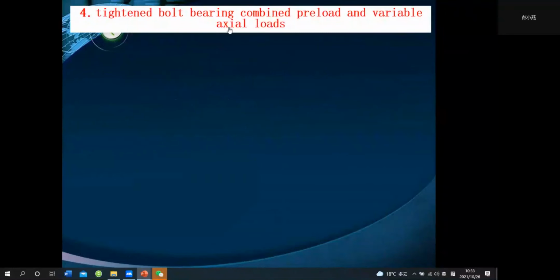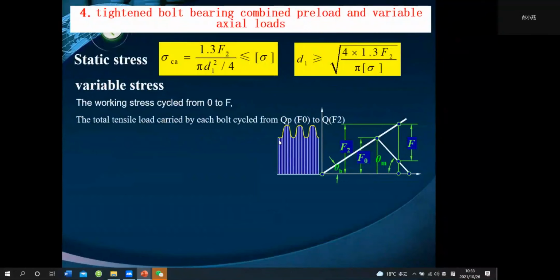If the tightened bolt bears a combined preload and variable axial load, okay, this is variable axial load, we have to consider static stress.